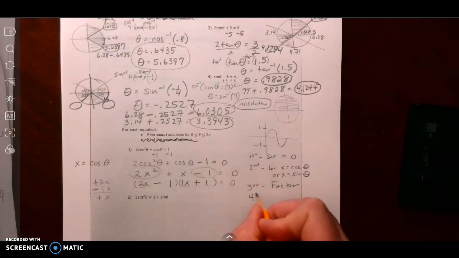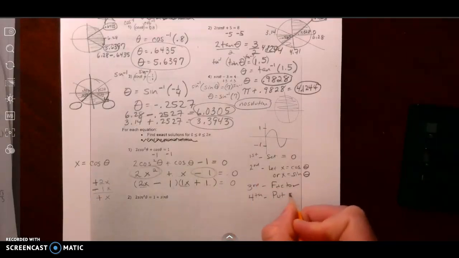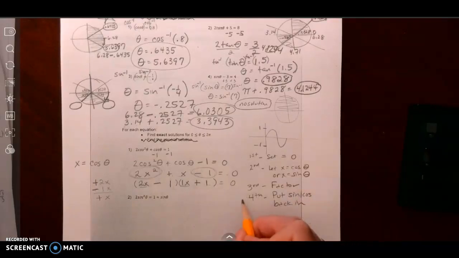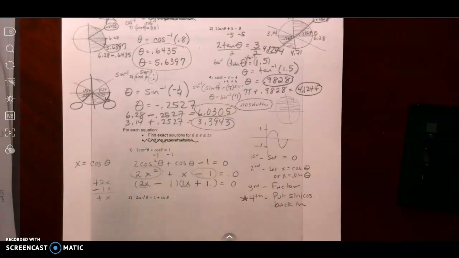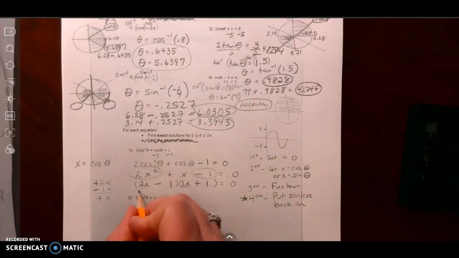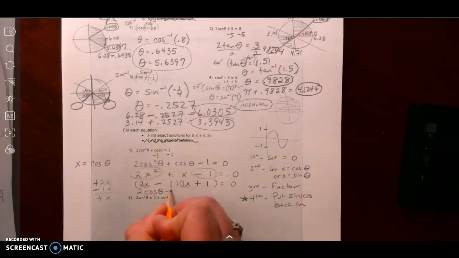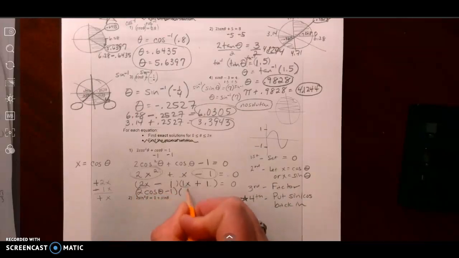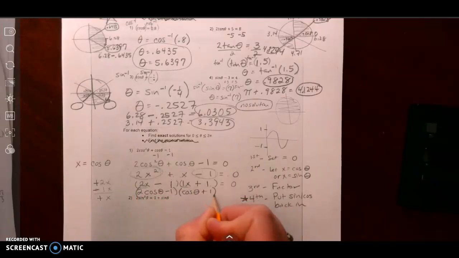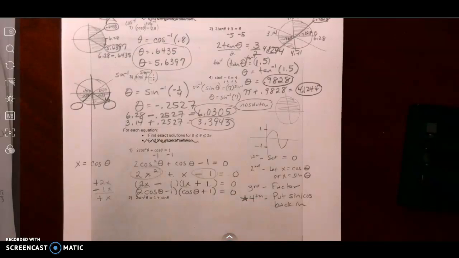My fourth step is to put sine or cosine back in. You can't forget this step. So this becomes 2 cosine of theta minus 1, and this becomes cosine of theta plus 1 equals 0.